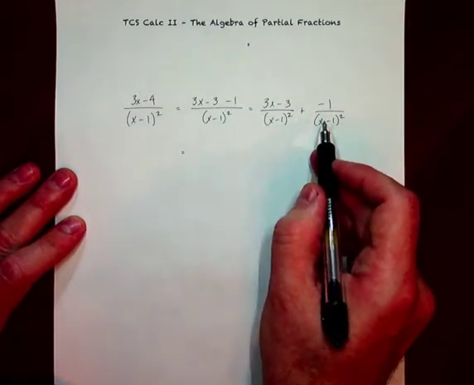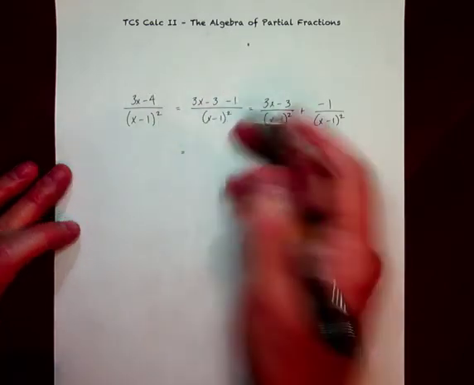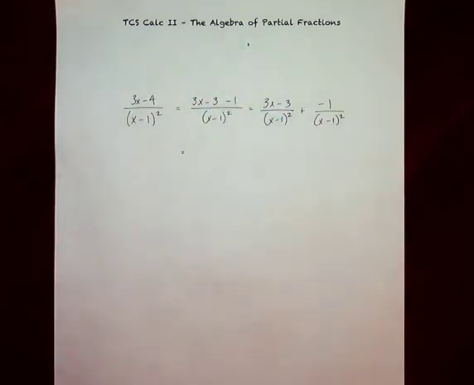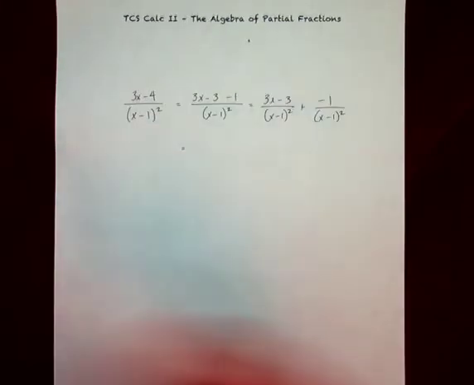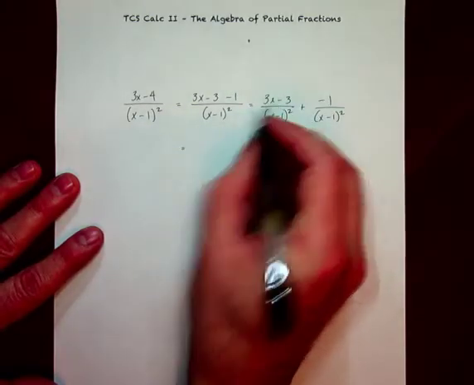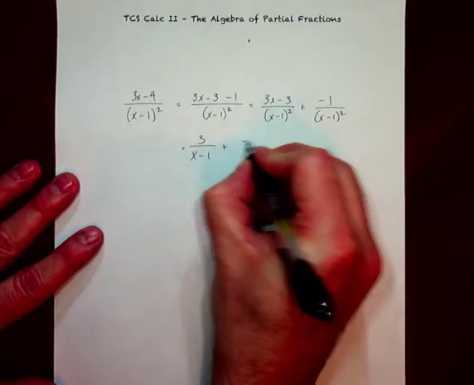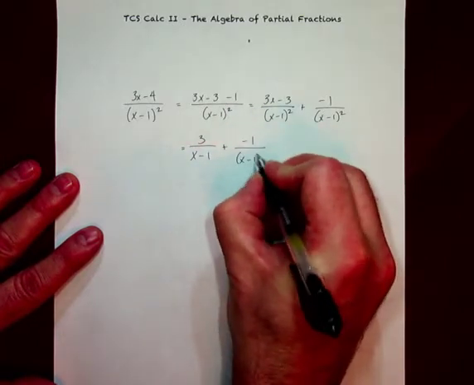It will always be possible to change the constant by adding 0, in terms of plus a minus a, in order to pull it apart and reduce part of it, because this is 3 times x minus 1. So that reduces to 3 over x minus 1 and negative 1 over x minus 1 squared.